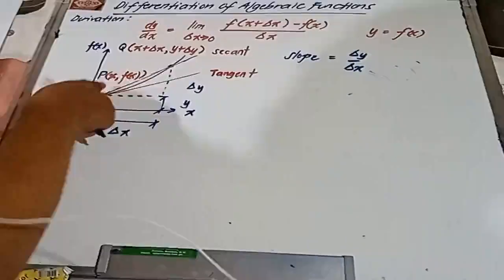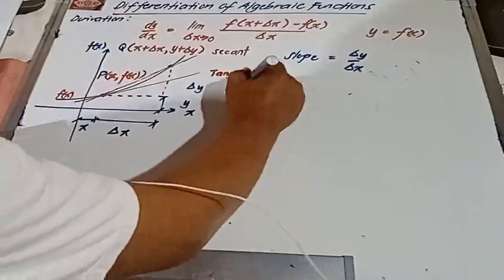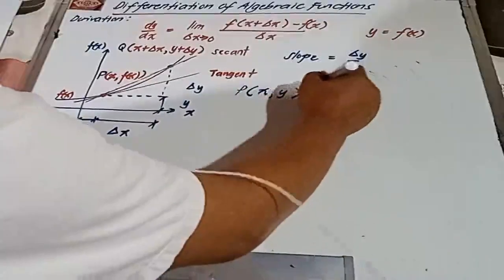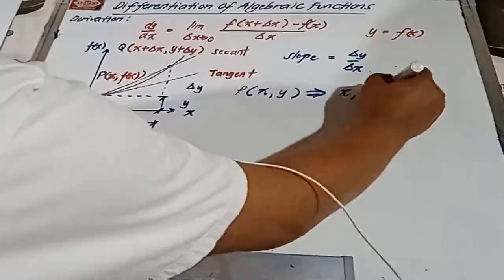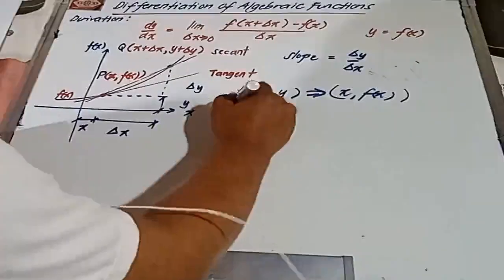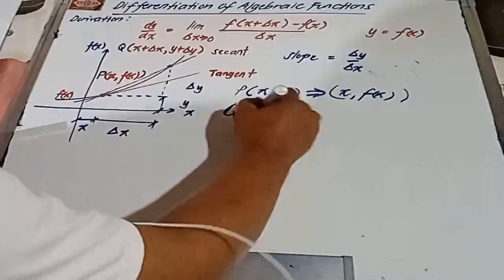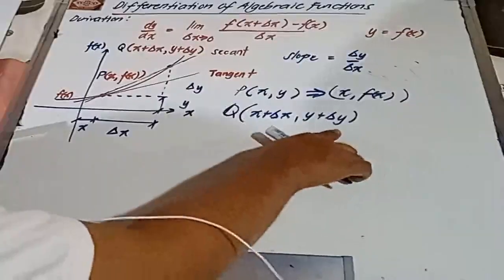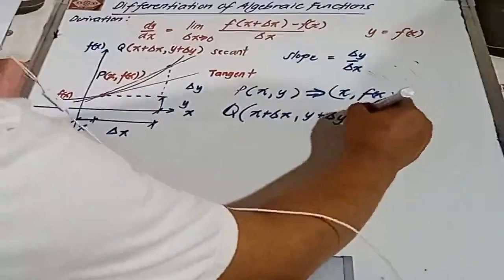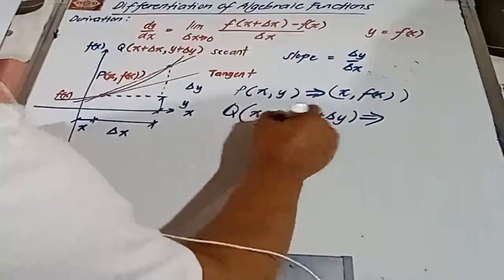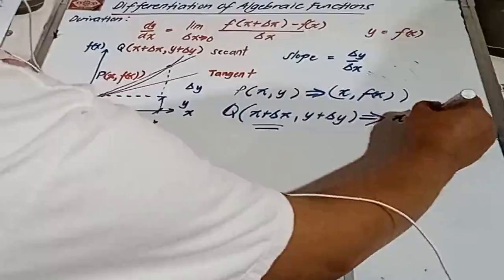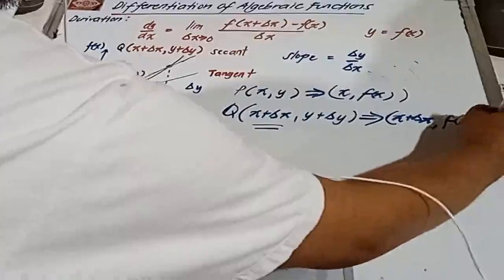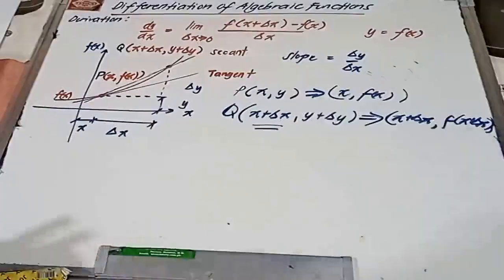Pwede. If from here, if we have point P is x, y can be represented as x, f of x. Yung ating point Q, pwede nating sabihin, yan ay x plus delta x, y plus delta y. So, i-replace natin to in terms of x. Pwede nating i-represent as the x value, which is x plus delta x, f of x plus delta x. Yan. Okay. So, pwede na yan.